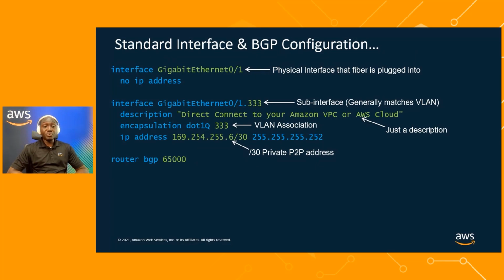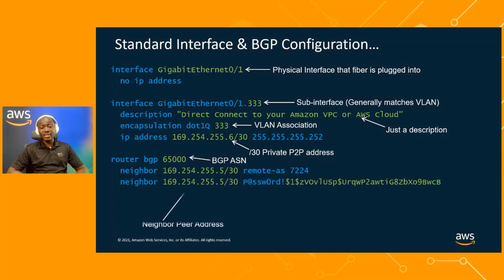You also need to know the autonomous system number for your networking device that will be used for the BGP route exchange. So you specify that ASN, and you also need the remote BGP ASN, which you can see I've also specified there. Then you get your peering IP for the other side, the termination point at the AWS side, and also have your authentication key available.